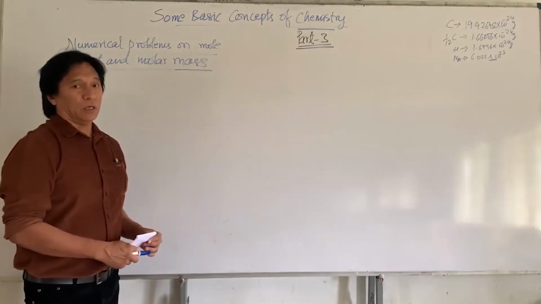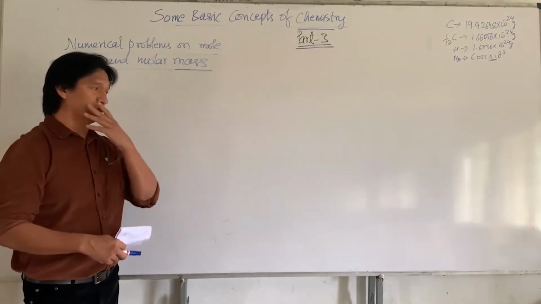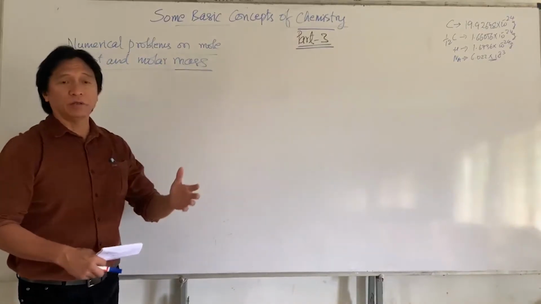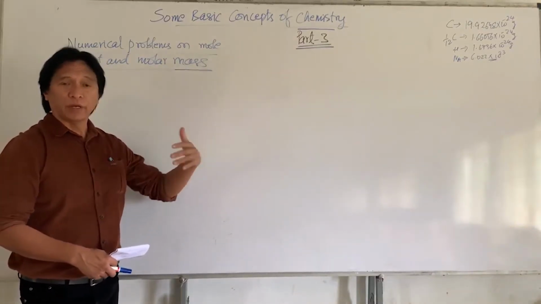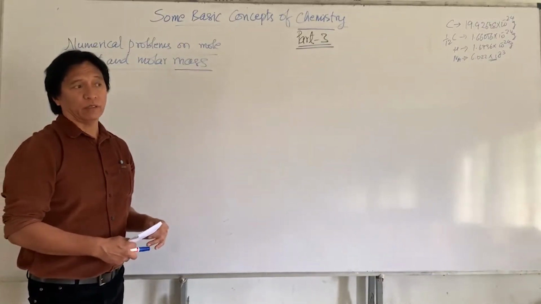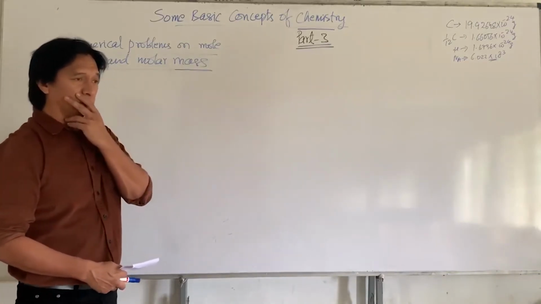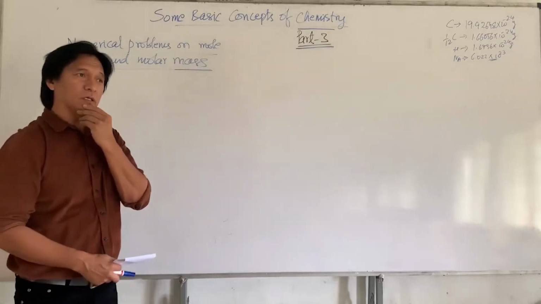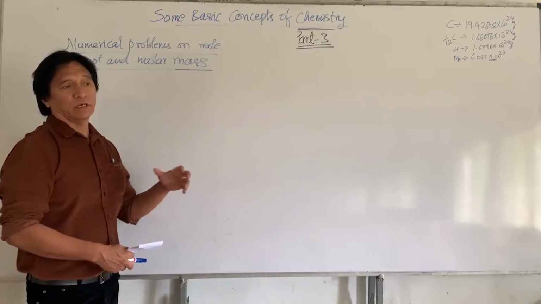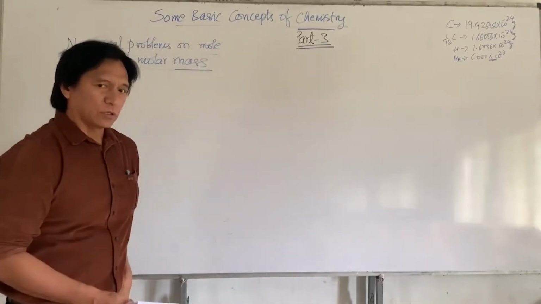And then after that, students will also be able to define what is an empirical formula, what is a molecular formula, and also work out some numericals based on how to find the empirical formula and the molecular formula of a compound when the mass percent of the various elements that are present in a compound are given. So we'll talk about this later.